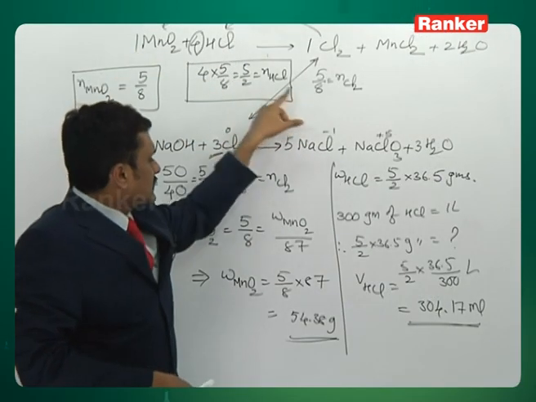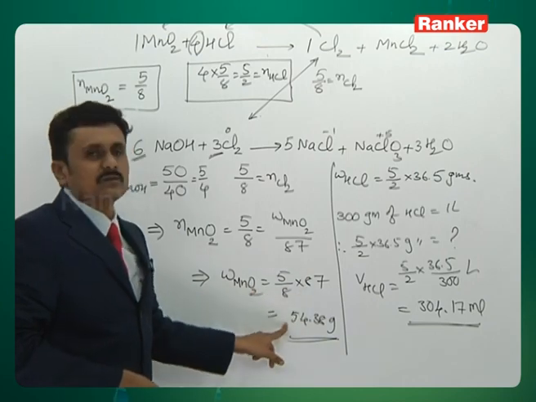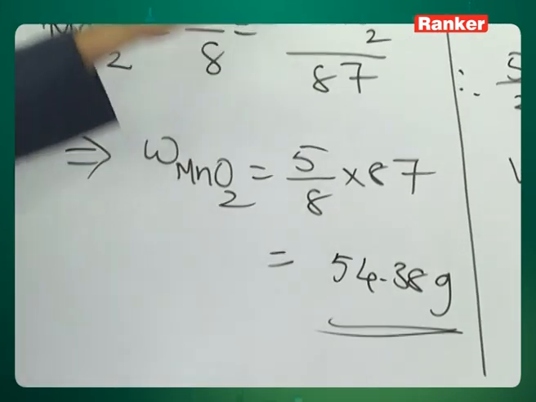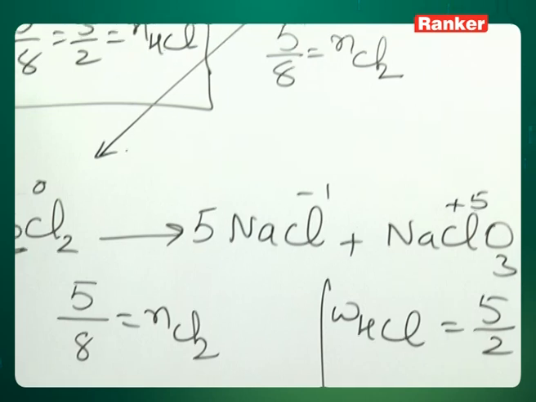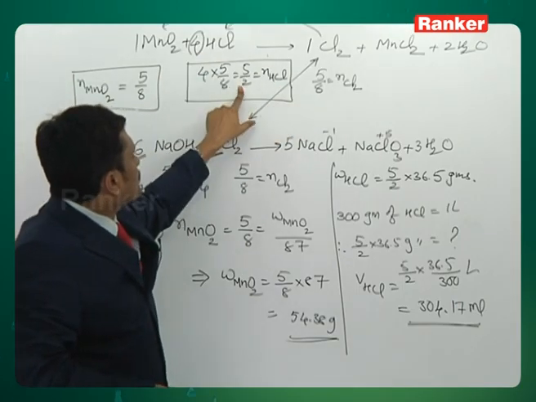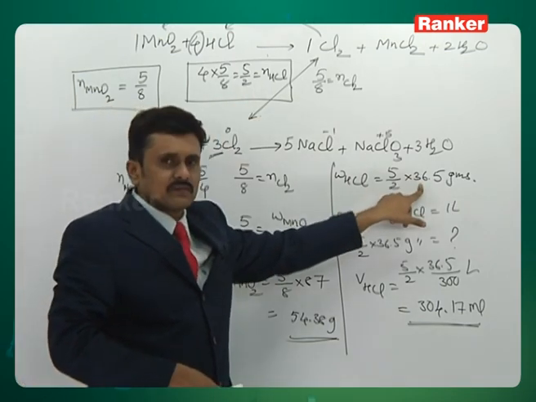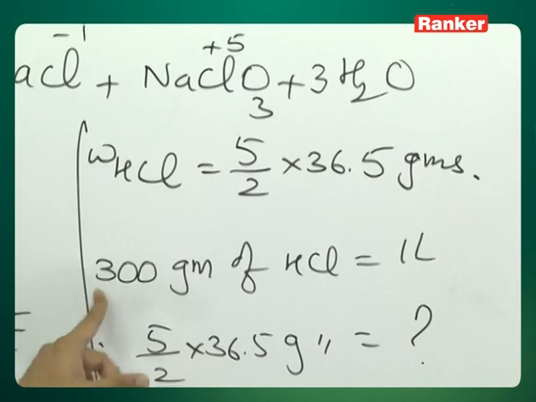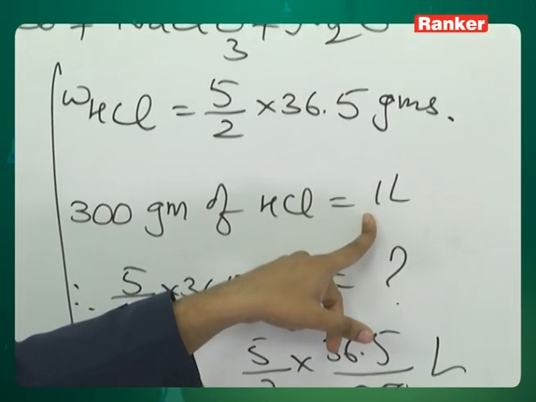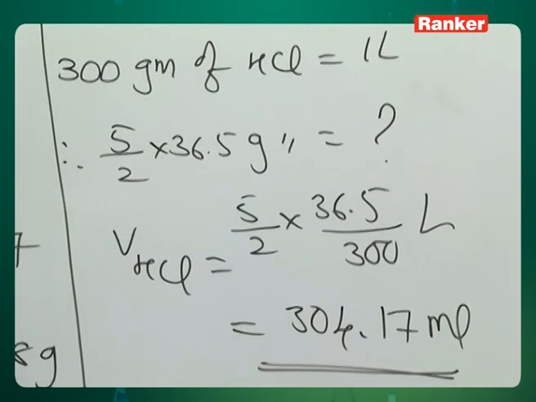So 5 by 8 and I got 5 by 8, and when I multiplied that with the molecular weight of MnO2, I got the weight of MnO2 that needs to be taken. And from this ratio you can see 1 is reacting for 4 moles of HCl. For every 5 by 8 I will be using 5 by 2 mole of HCl, and 5 by 2 mole in the sense this many grams. Had been given that for 300 grams of HCl, 1 liter of solution we have, for this many grams how much volume would I be having.